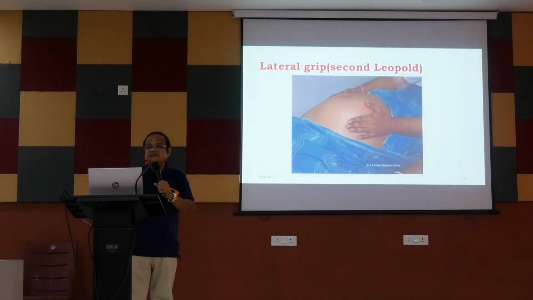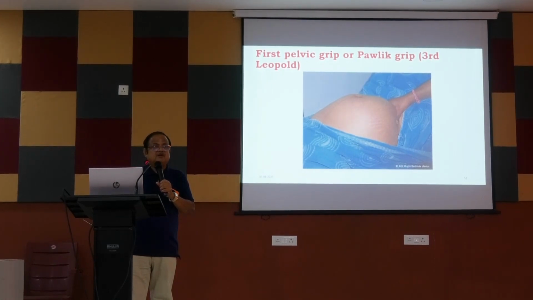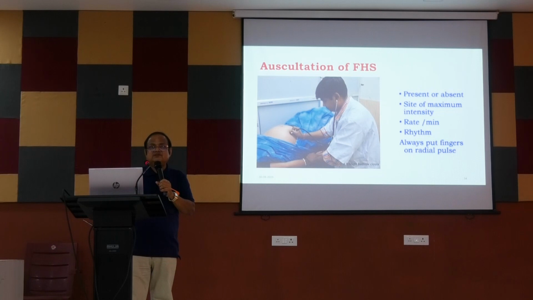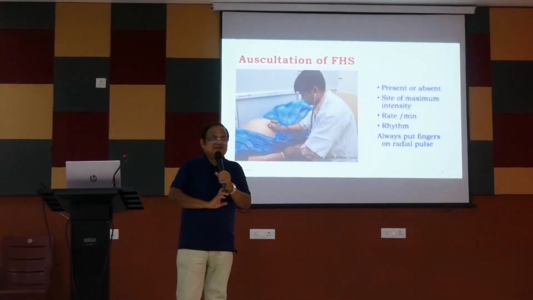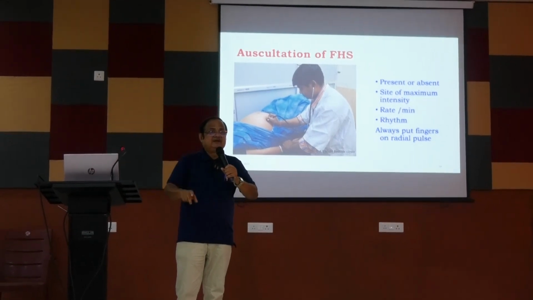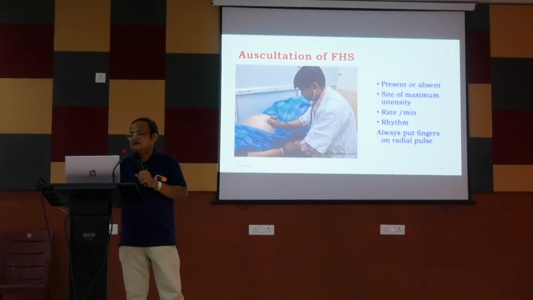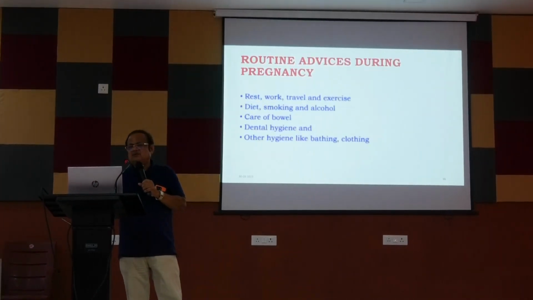Fundal grip, next the lateral grip, then the first pelvic grip or pawlik grip, third Leopold, and the second pelvic grip, fourth Leopold, and auscultation of the fetal heart sound. Don't forget to palpate the radial pulse, to compare it, to know whether you are hearing the fetal heart sound or the maternal sound. Vaginal examination is not needed routinely.